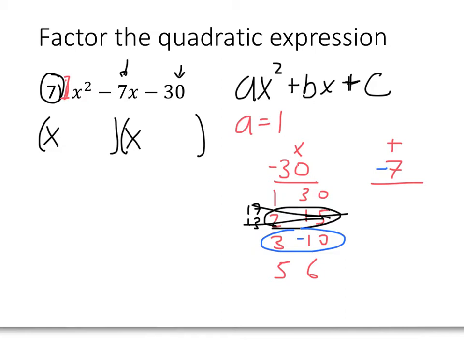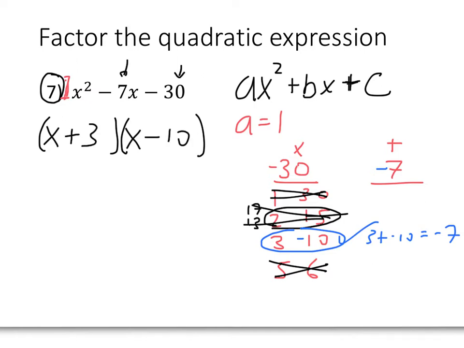So 3 plus negative 10 equals negative 7. So here are our candidates for our binomials, these two factors. 5 and 6 are not going to produce a 7. 1 and 30 are definitely not going to produce a 7. So I just go up here now. Positive 3 and negative 10 are my numbers. I'm going to put plus 3 here and minus 10 here.